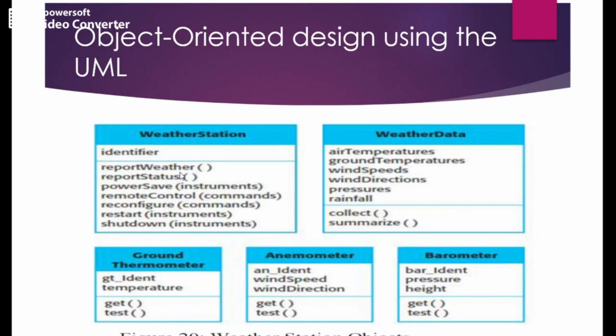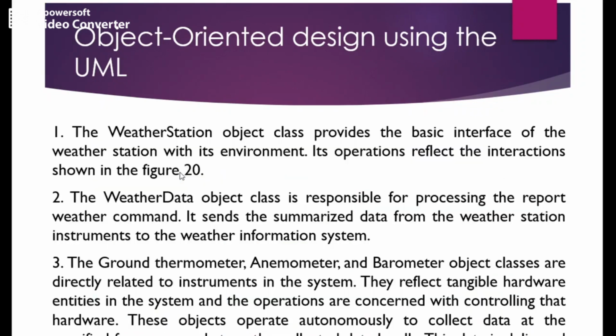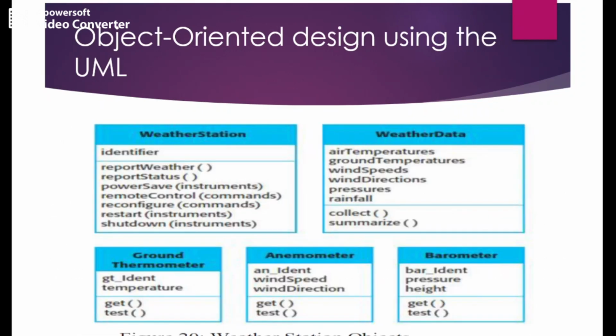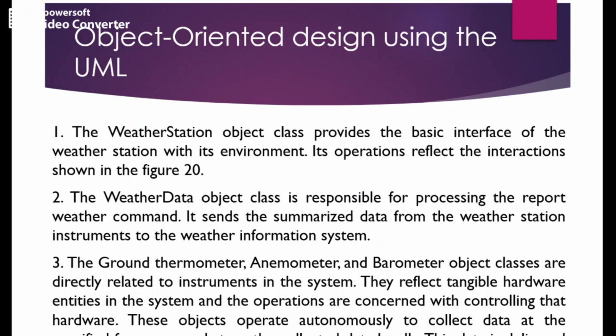So this class provides the basic interface of the weather station with its environment. Its operations mainly reflect the interactions. You can see here, weather station can have report weather method, report status, remote control; all those are the operations.